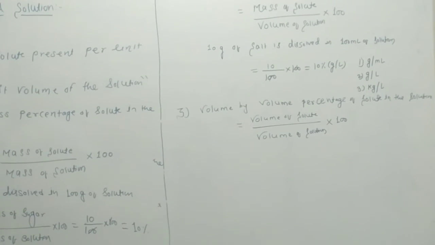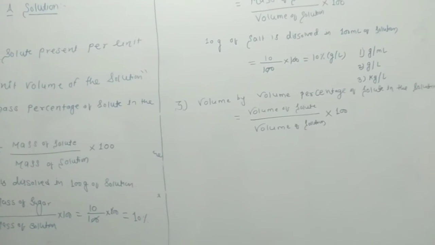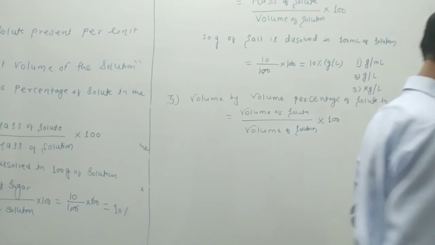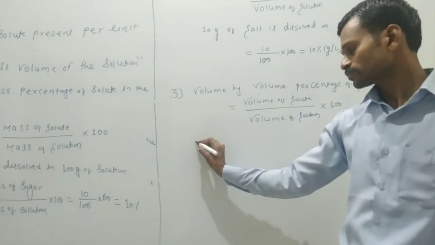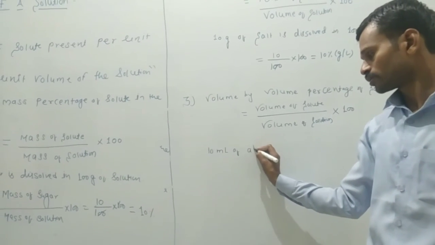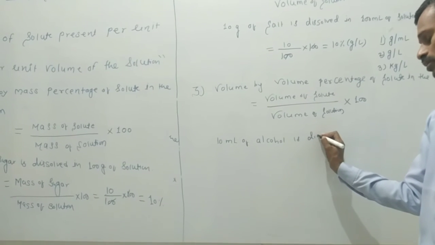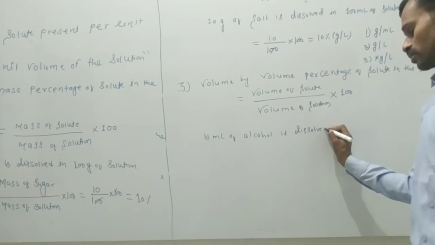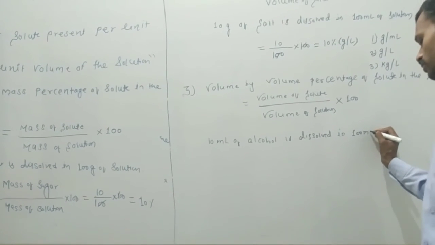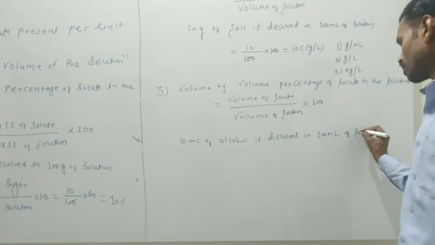Now a simple example: 10 ml of alcohol is dissolved in 100 ml of solution.